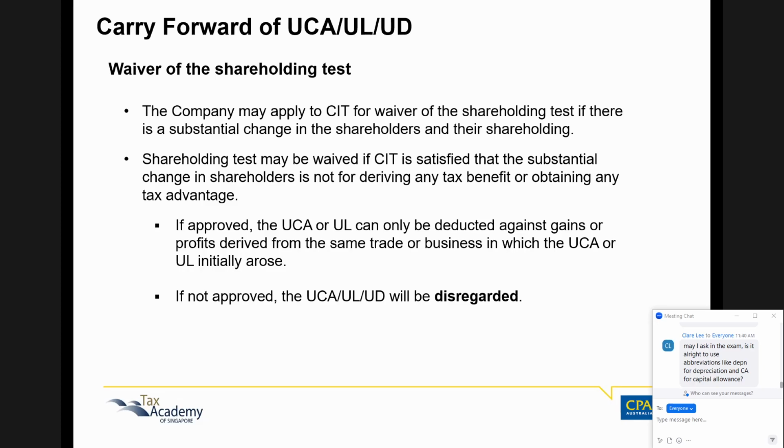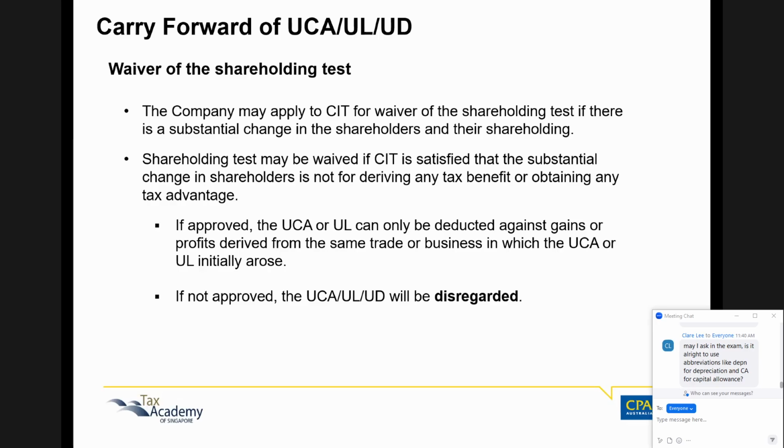If you look at it, what they are trying to prevent is a case where company A has a lot of losses, a lot of UCA or UL. Then company B, a profitable company, looks at it and thinks, I earn a lot of profit and have to pay a lot of tax.